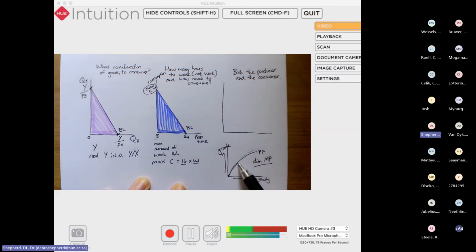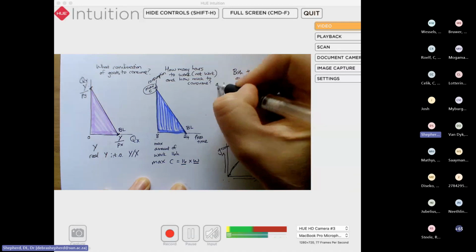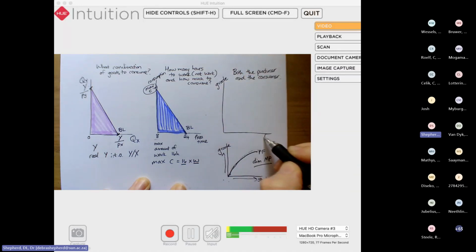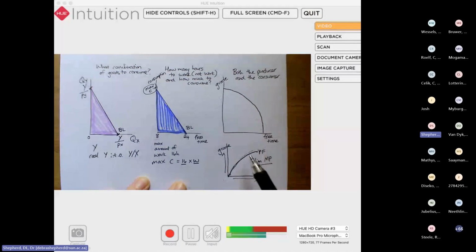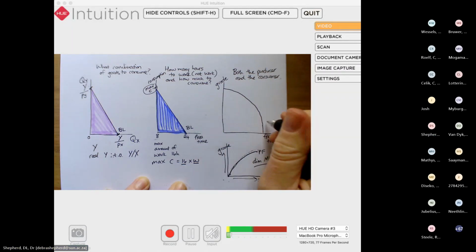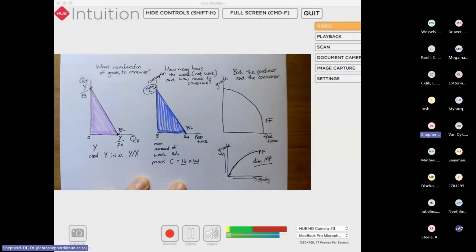If we take this production function and instead of plotting the grade against hours of study, we plot the grade against free time, in other words, hours not spent studying, then we end up with a feasible frontier that is simply the mirror. So if you take this and you flip it around, you get this shape here. So this is a feasible frontier that is the inverse of the production function.